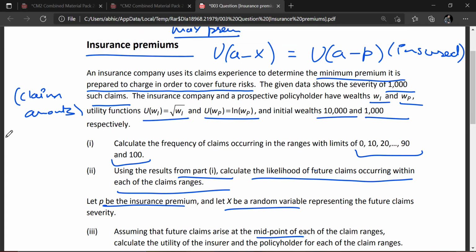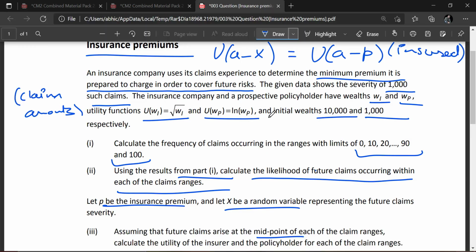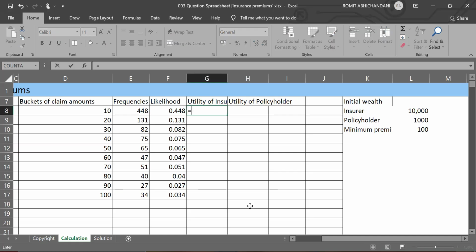Now we have to find the utility. The insurer's utility function is root over Wi. If they sell insurance, then it will be equal to the square root of their wealth. So this is fixed. Let me fix this with the function F4, and wealth minus the claim that they have to pay.